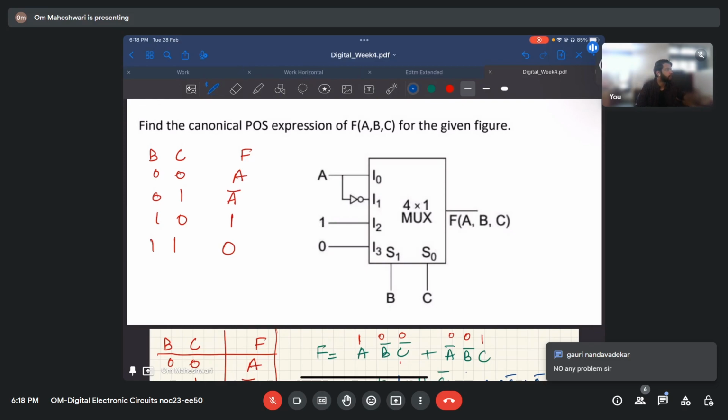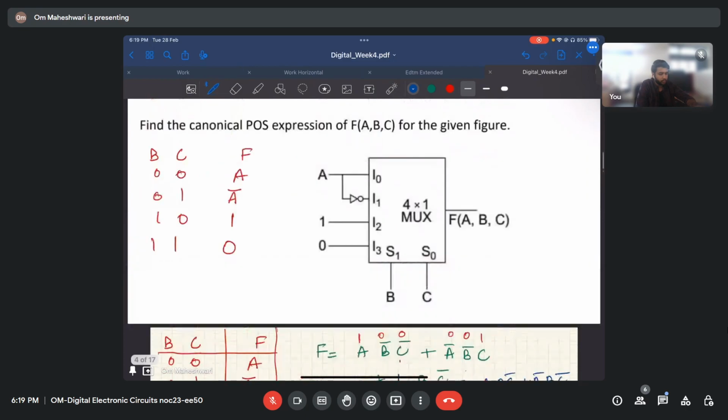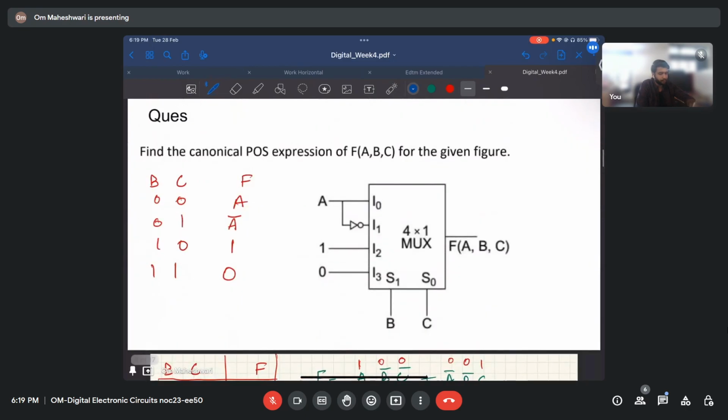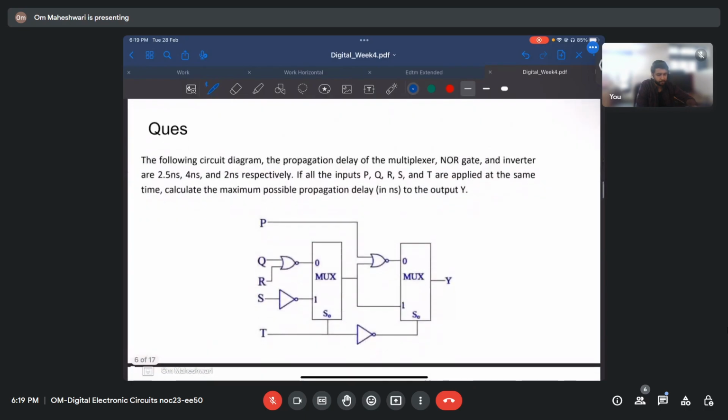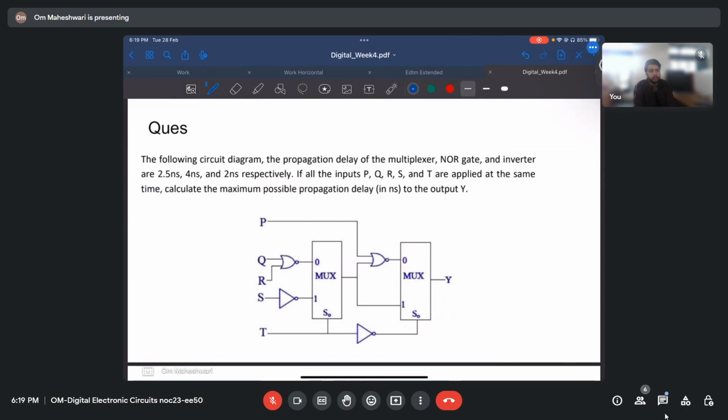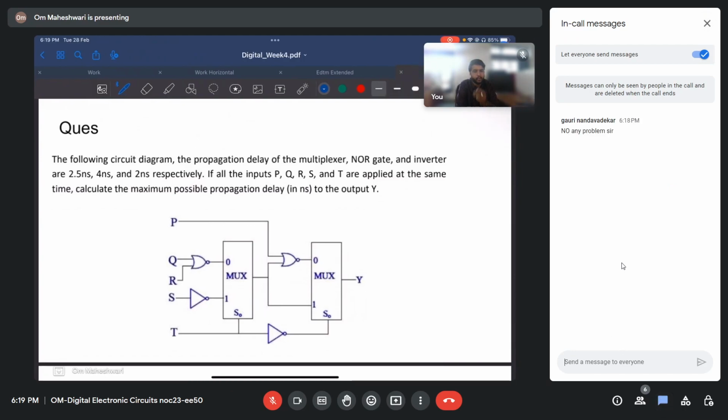Okay, so there is not any problem, Gauri says. So let us move ahead. I hope you can do questions like this, where inputs are given in this form to identify the outputs. Anyways, so let us look at the next thing. If you do have any questions, please feel free to use your mic or just drop a message in the chat box. I'll be looking at those and I'll answer your queries.